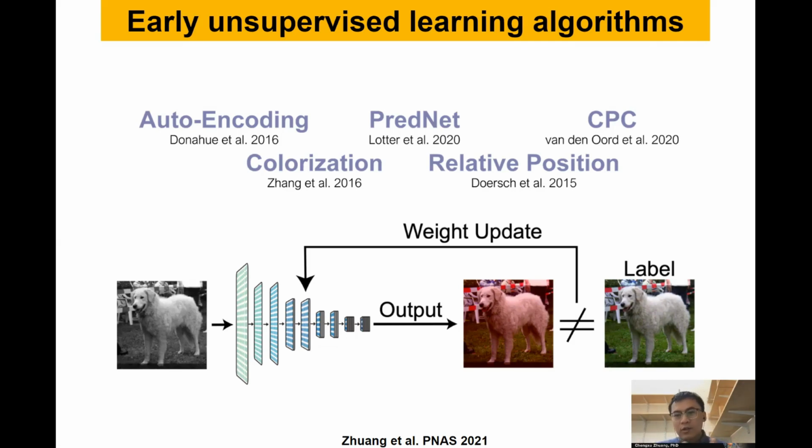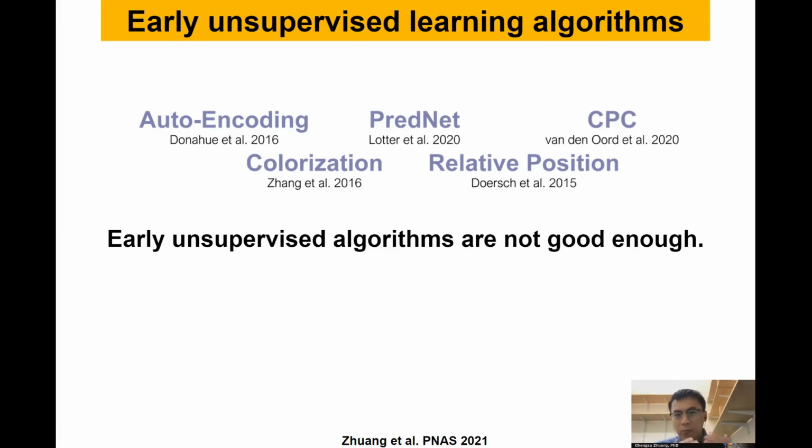So for people who are interested in understanding how humans learn, this algorithm seems a little bit weird, because we humans don't just go around and label the color for things. This is indeed one of the reasons why these earlier algorithms are just not good enough.